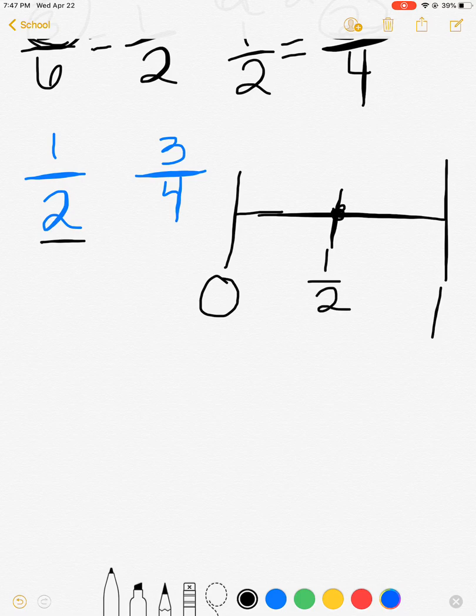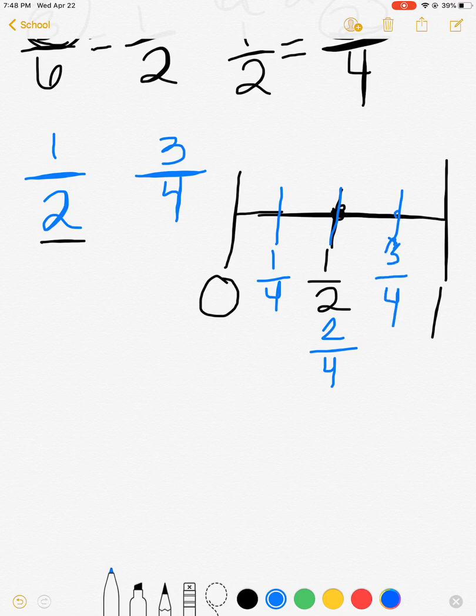Now let's place 3/4 on our number line. So which fraction is closer to 1/2, 1/2 or 3/4? Or which is the farthest away from 0? That would be 3/4. So 1/2 is less than 3/4.